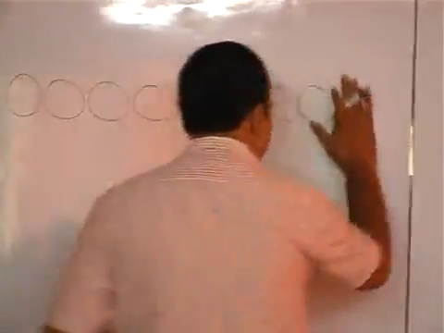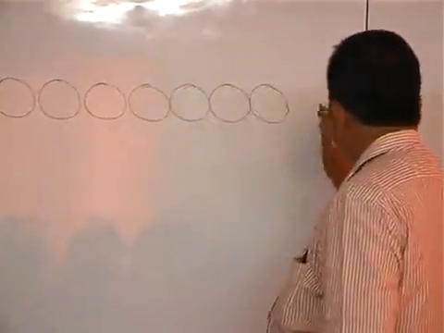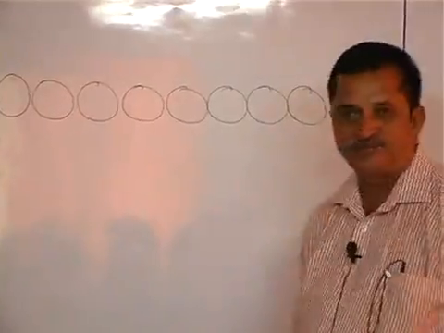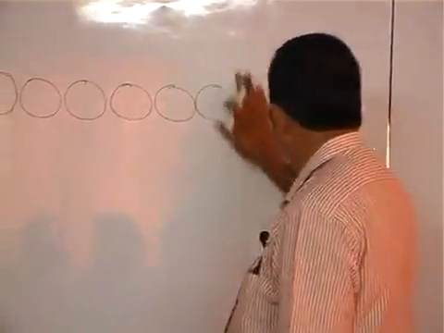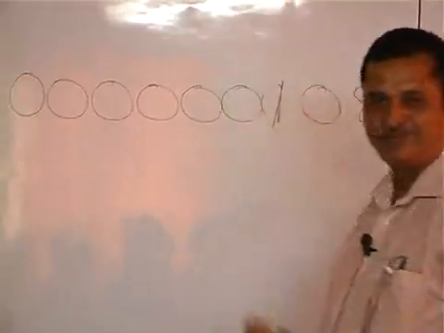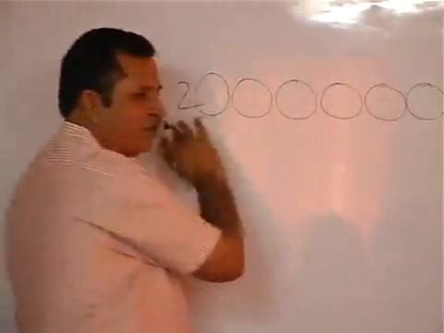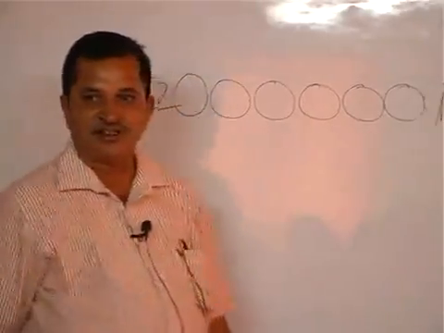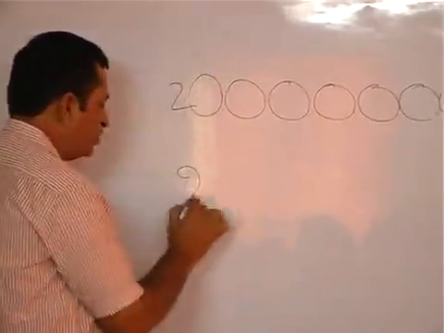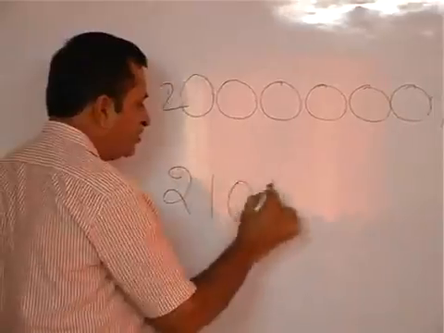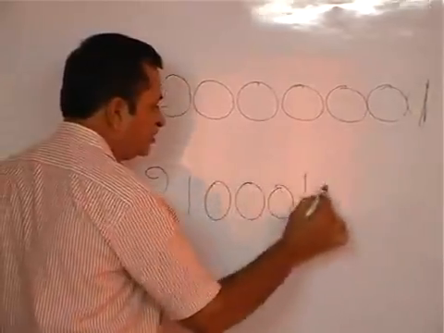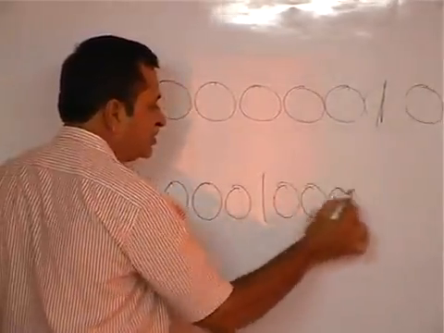Once I strike off this, the number of zeros will become 8. Then the number of 8's will become 1. Then the number of 1's will become 2. If you go on interchanging, you will get the value 2, 1, 0, 0, 1, 0, 0, 6.